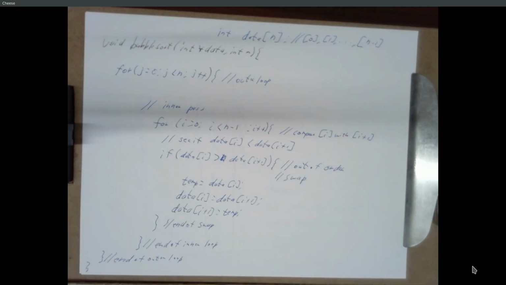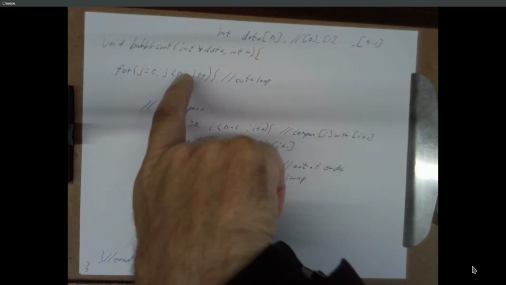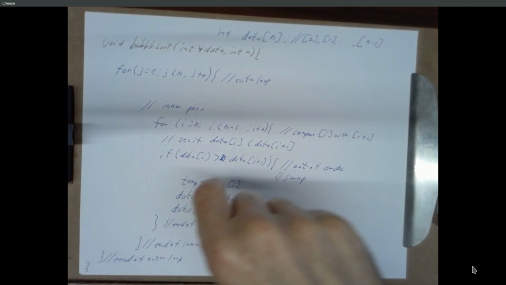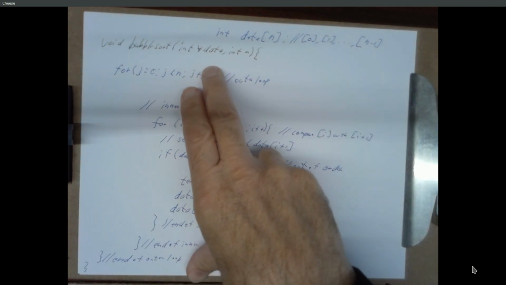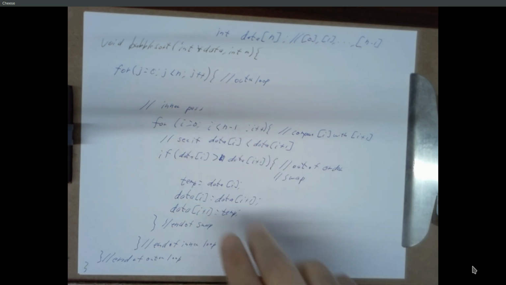And then the rest of this should work. You've got to declare your integer i, integer j, and integer temp. Right, so this makes sense, inner pass, outer pass. This moves one thing into the correct spot, and you do that n times, and your whole array should be sorted when you're done.